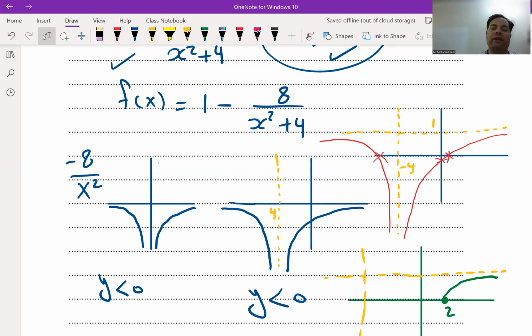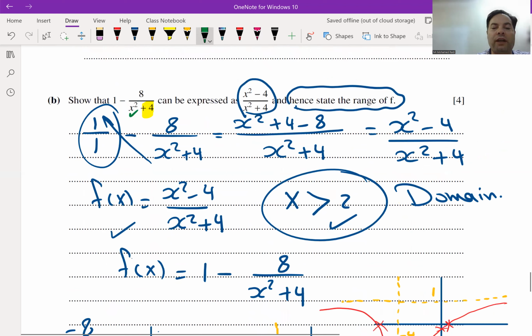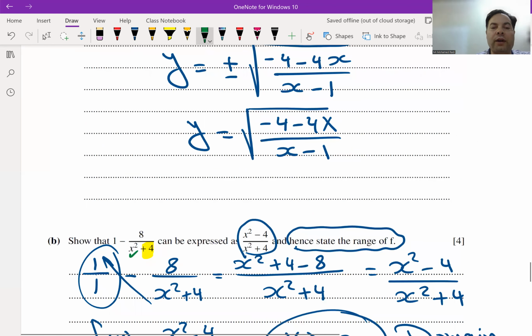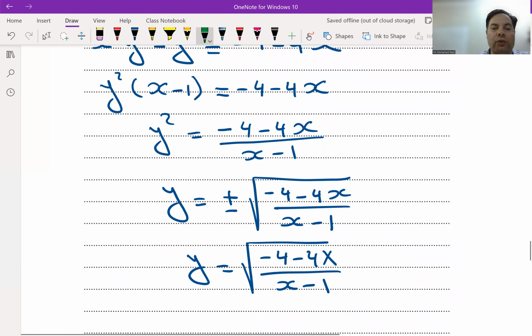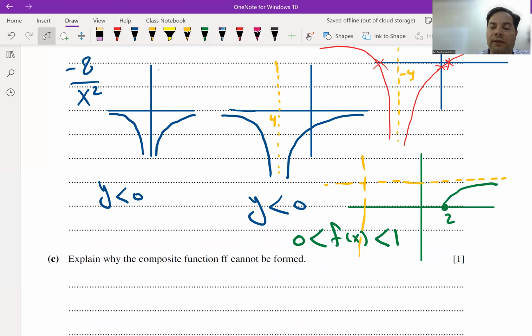Now, the final answer, the range of this function: f of x more than 0 and less than 1. Why is it more than 0? Because it's not written in the domain of the function, it's written more than 2. So officially, when I ask you to sketch the graph of this function, at 2 there is no value.